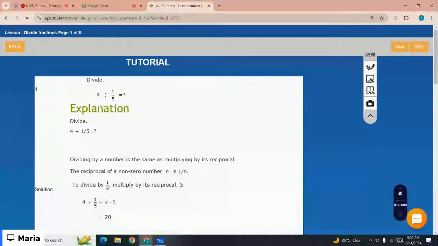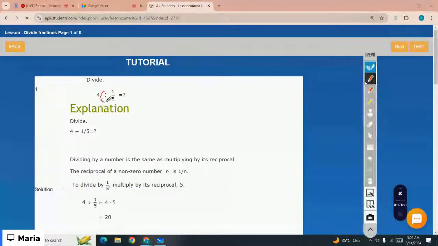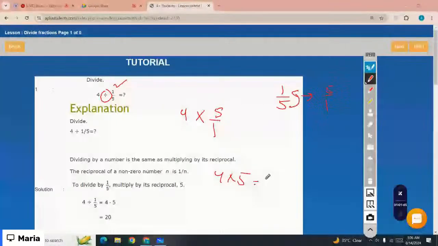Basically we have to replace this division sign with multiplication, and multiply by the reciprocal. Reciprocal means you simply interchange the numerator and denominator, so 1 over 5 becomes 5 over 1. So 4 times 5 is 20. The correct option is 20.